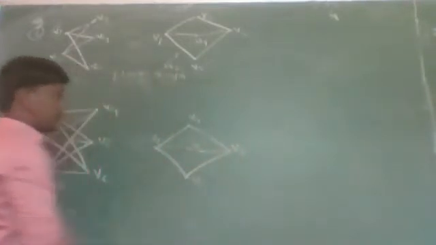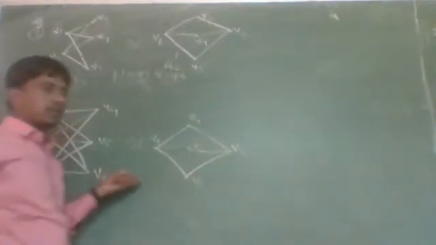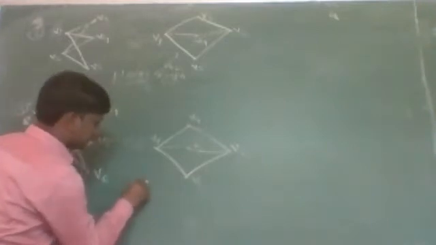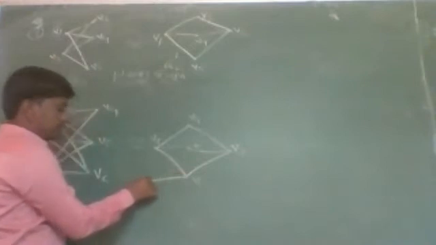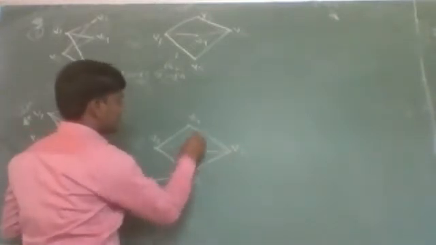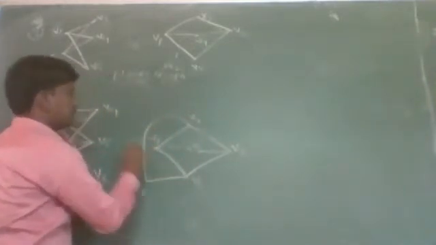Now it remains to find one vertex V3, which is adjacent to vertices V4, V5 and V6. Suppose here is a vertex V3, now there is an edge joining vertex V3 to V6. Similarly, there is an edge joining vertex V4 and V6.